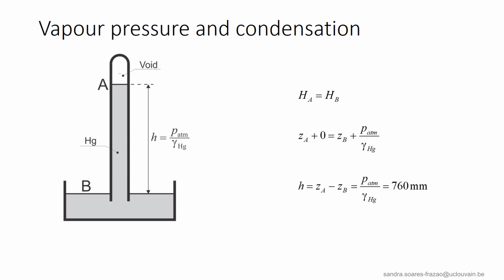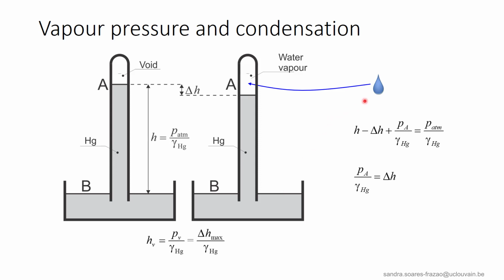Indeed, writing the piezometric head here at points A, here at the top of the column, and at point B over the container, and considering that the pressure at point A is 0 because we have void, the atmospheric pressure is expressed as a function of the height of the column of mercury.